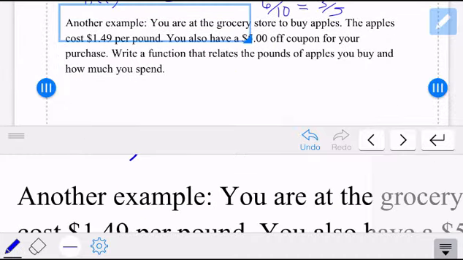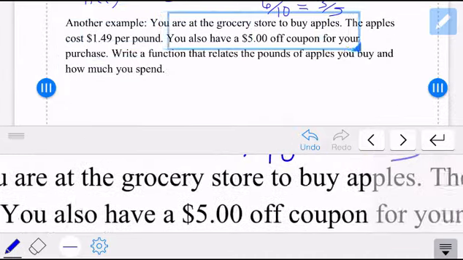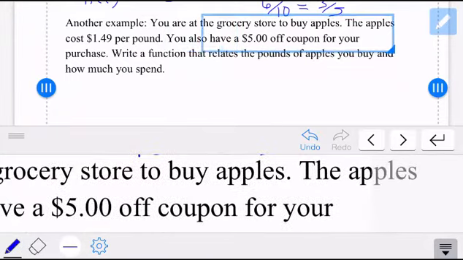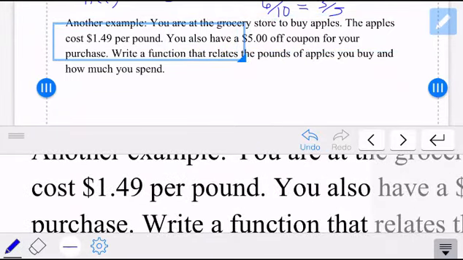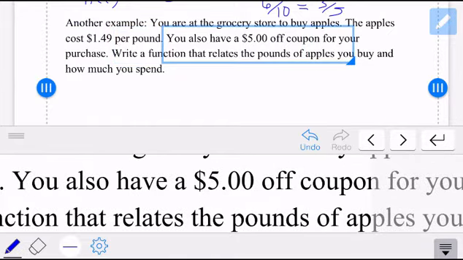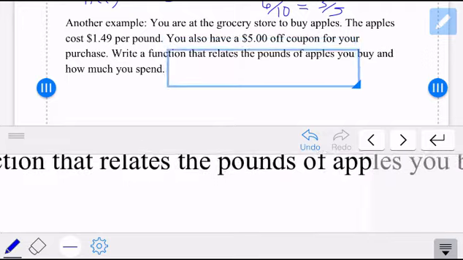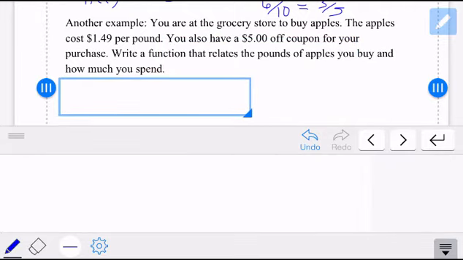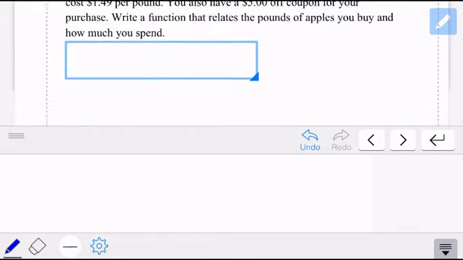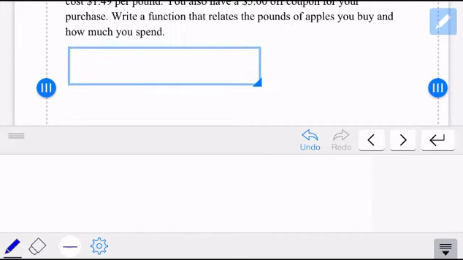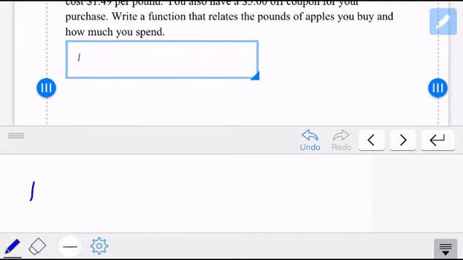Another example down here. You are at the grocery store to buy apples, and they cost $1.49 per pound. But then you also have a $5 off coupon for your purchase. So we want to write a function that relates the pounds of apples that we buy and how much we spend. So it already kind of tells you your variables, which gives you a head start. But our input, think again, remember that's what gets plugged in, and the output is the result.